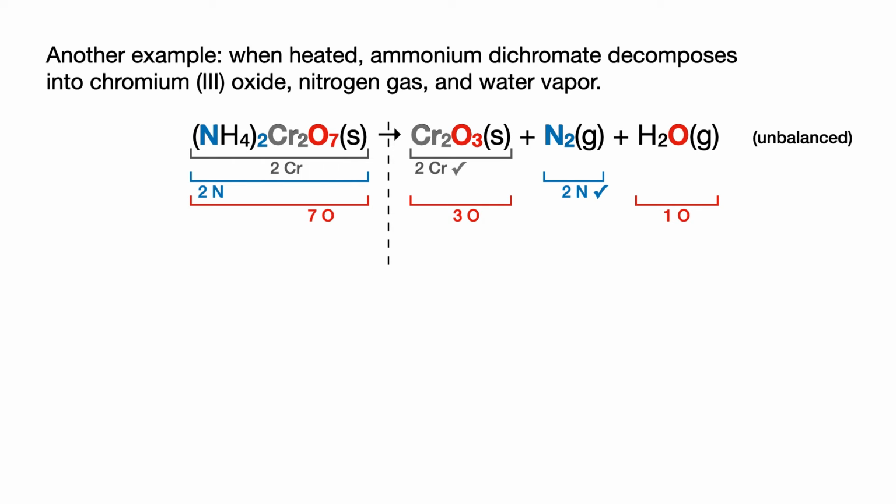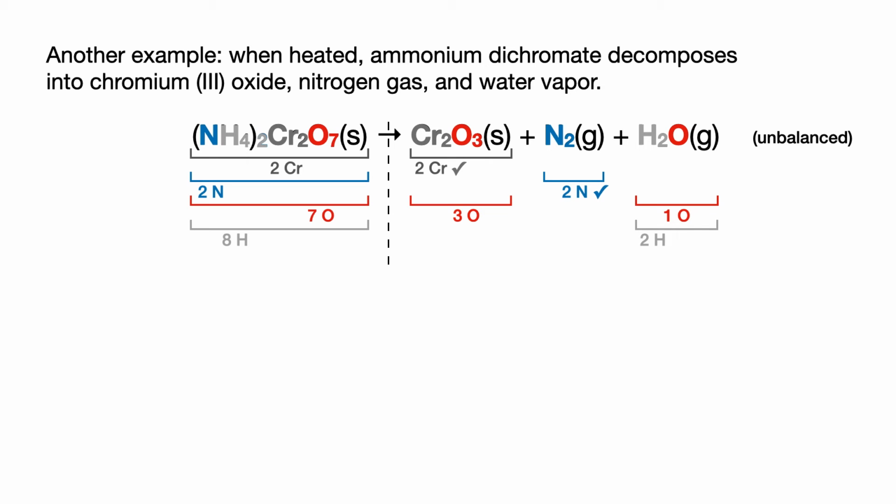So we've got a total of 4 oxygen atoms on the right, and that does not balance the 7 oxygen atoms on the left. Also, if we look at the hydrogen, there's a total of 8 hydrogen atoms on the left, because we have the NH4, and that's being taken twice. So there's a total of 8 hydrogens on the left, and we've got a total of only 2 hydrogens on the right. So the hydrogen and the oxygen are unbalanced.